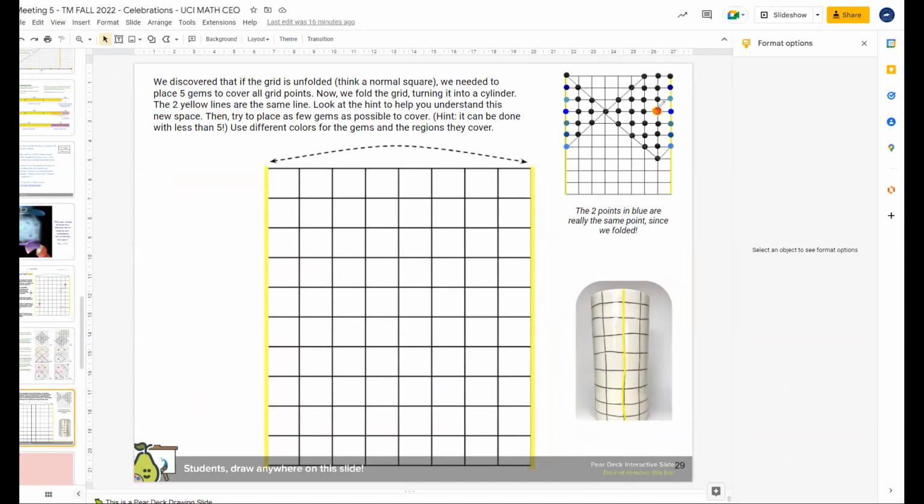If I place the gem here, I not only see this part of the rhombus, let's call it the normal part, kind of. Of course, here it is cut, but since I'm folding, then I'm also going this way, right? 4 units to the right, 1, 2, 3, 4.